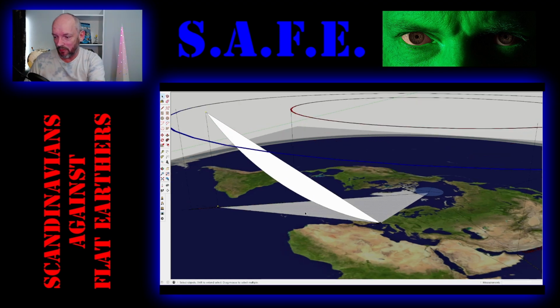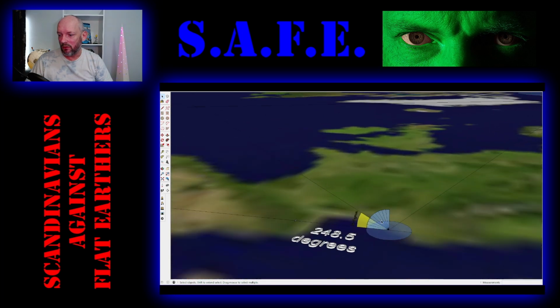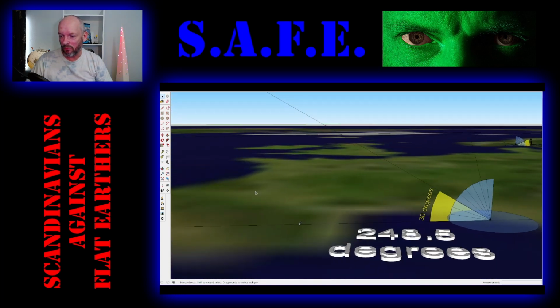Now you see here, that line needs to go down there and then go back up again, because we see the sunset behind that mountain. So the sun needs to shine down here so we can see it down here and then go back up again. Right? Or what?